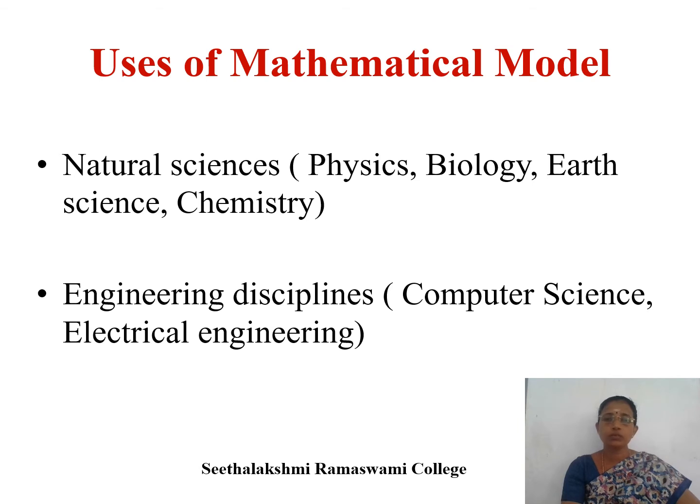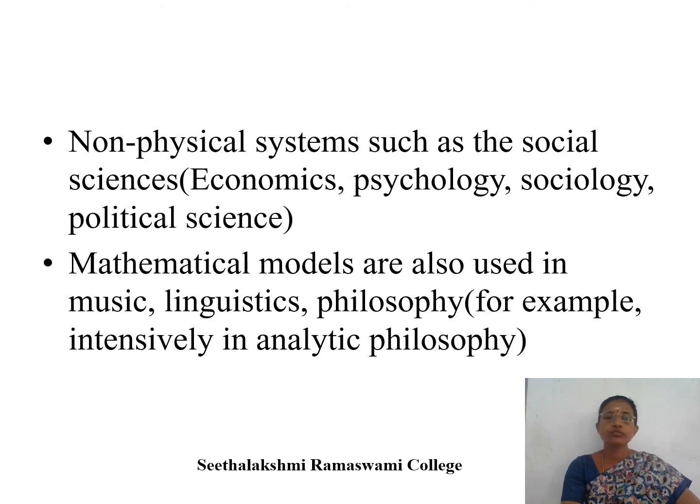Uses of mathematical models: natural sciences such as physics, biology, earth science and chemistry; engineering disciplines, computer science and electrical engineering; non-physical systems such as social sciences, those are economics, psychology, sociology and political science. Mathematical models are also used in music, linguistics, philosophy, for example, intensively in analytic philosophy.